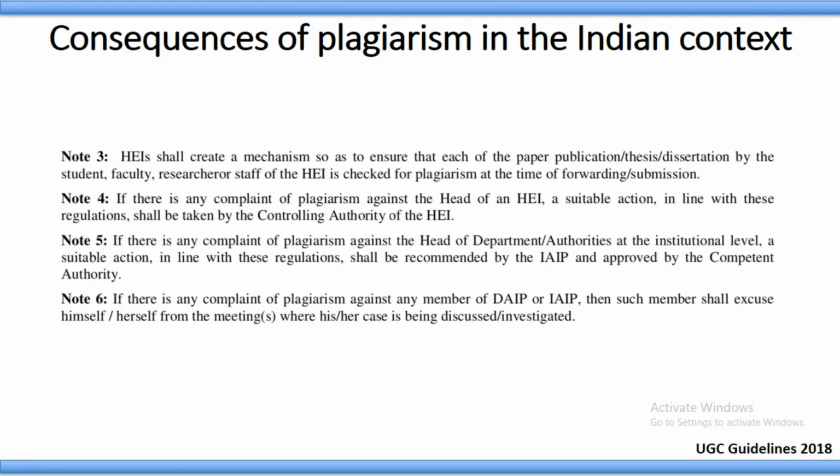What is important is to understand that higher educational institutions have a responsibility to create a mechanism to ensure that each paper published or thesis or dissertation submitted is checked for plagiarism. And also, it is the responsibility of the institution to make the students and faculty aware of what plagiarism is and how to avoid it going forward.